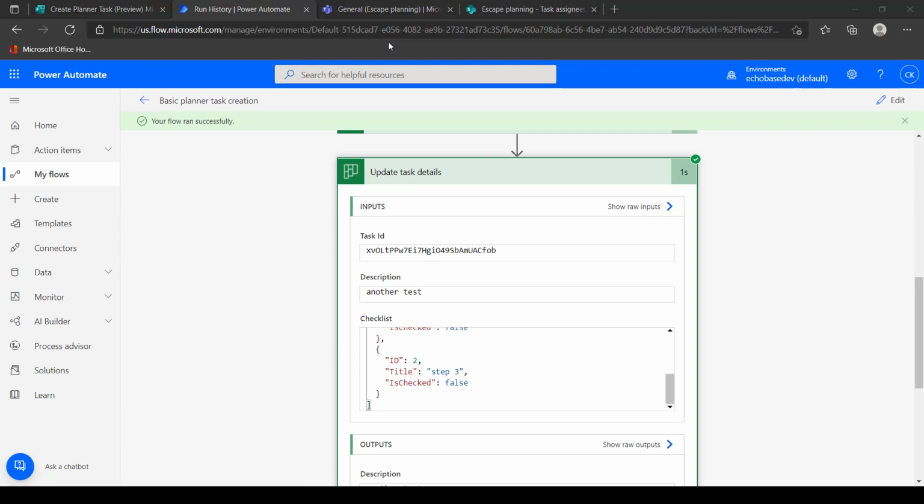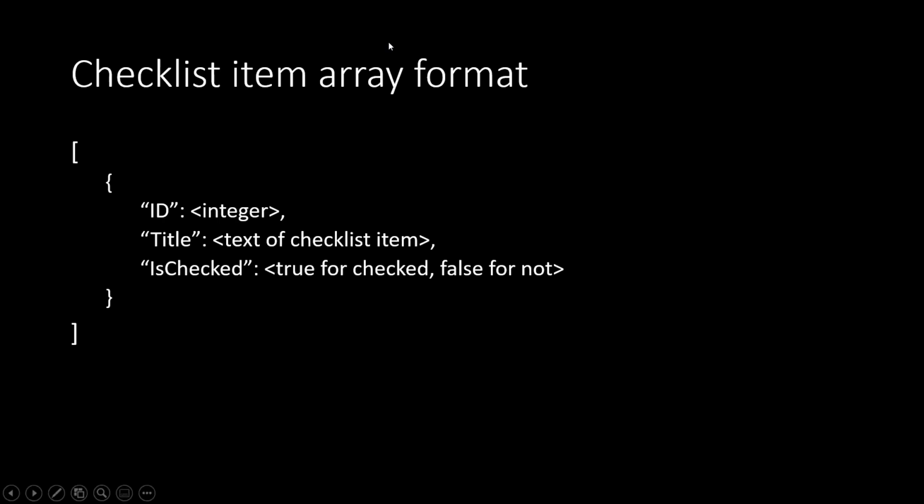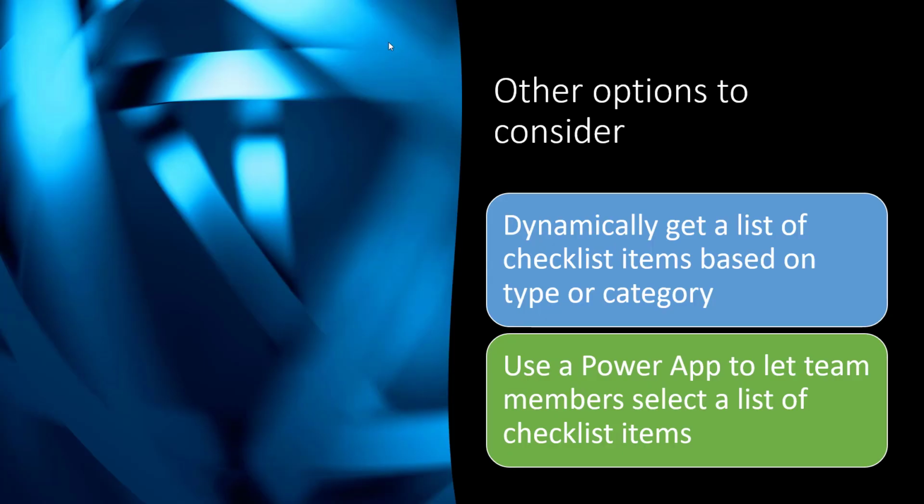However, just talking through a couple of other options, because what I showed was using a long answer text question, which is going to work in some situations, but there are going to be other scenarios and some other options you might want to think about. The first, and this is the one that came to my mind as I was thinking through different options, was you might have a standard set of checklist items per category of task.